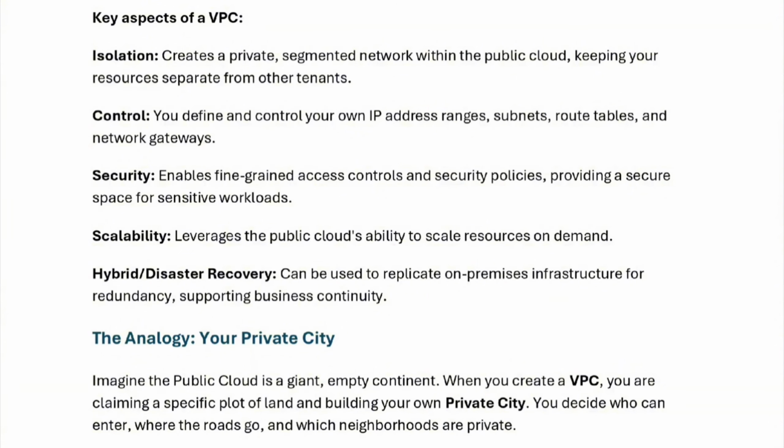Disaster recovery or hybrid can be used to replicate on-premise infrastructure for redundancy and supporting business continuity. AWS provides the data center and the security of on-premise infrastructure. It means that you don't have to manage your own data center and its security. AWS takes care of that.